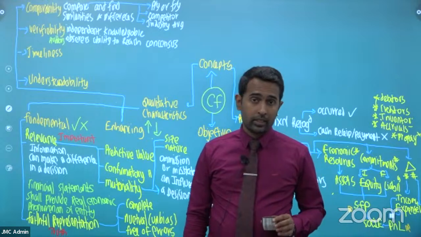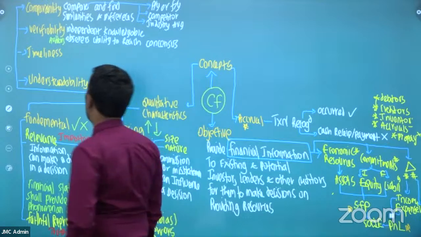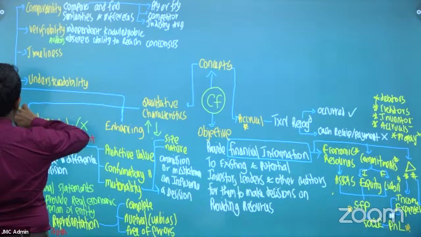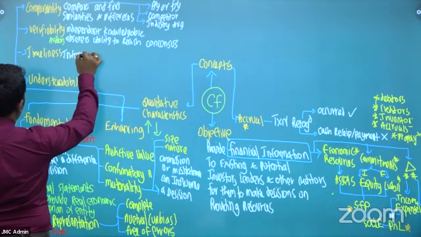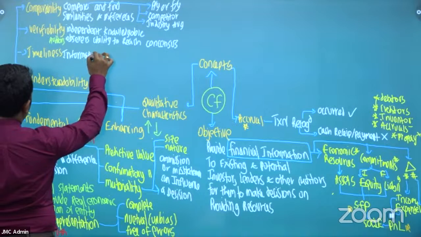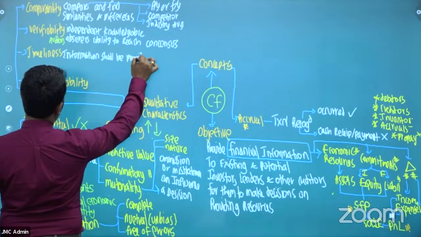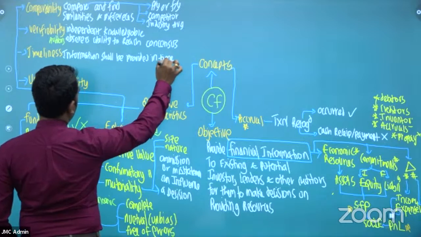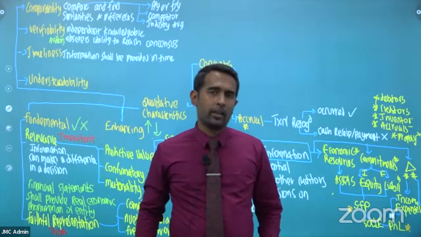Okay. So now we know two of the enhancing qualitative characteristics. Timeliness. Timeliness says information shall be provided in time.